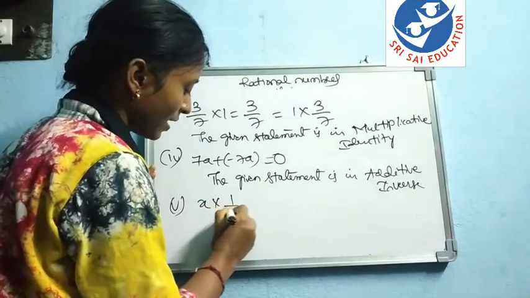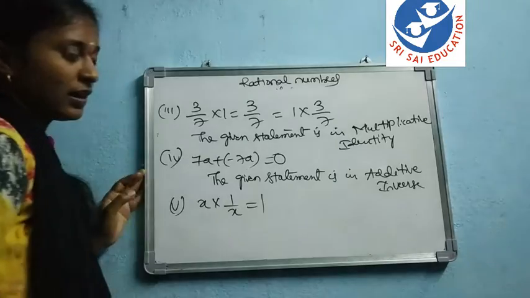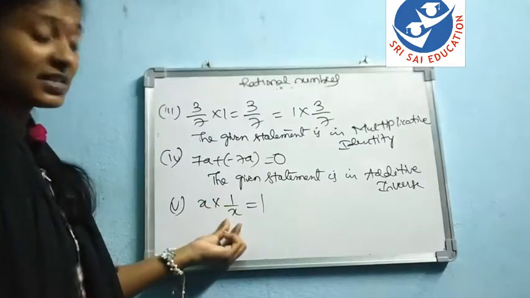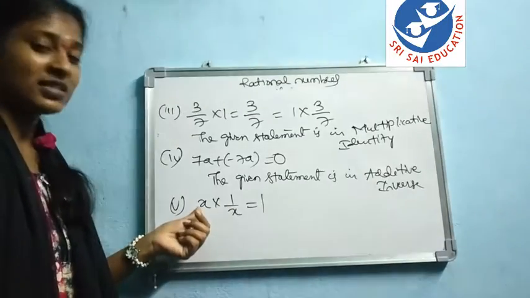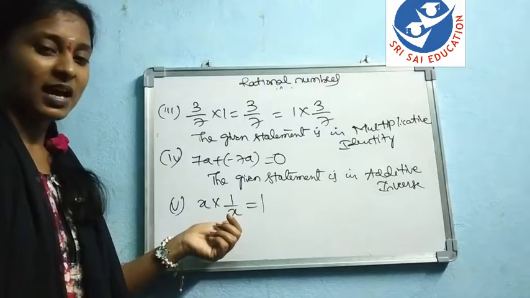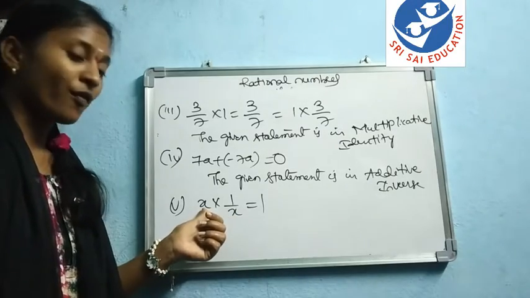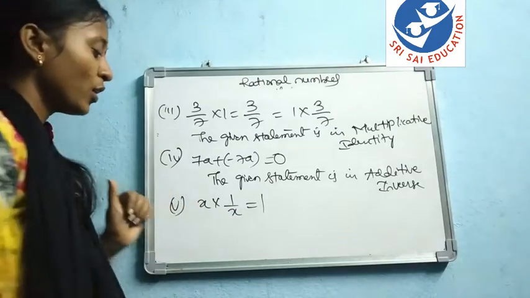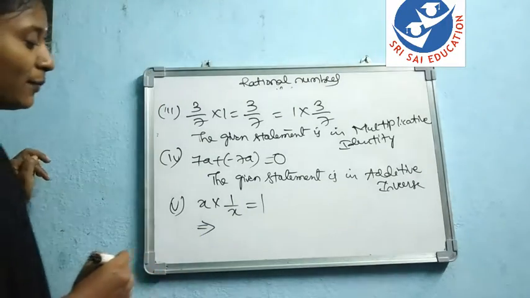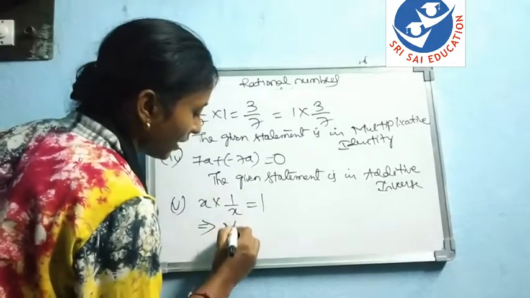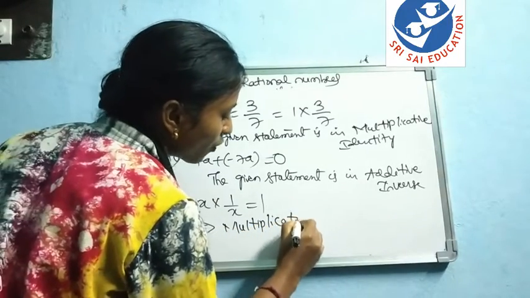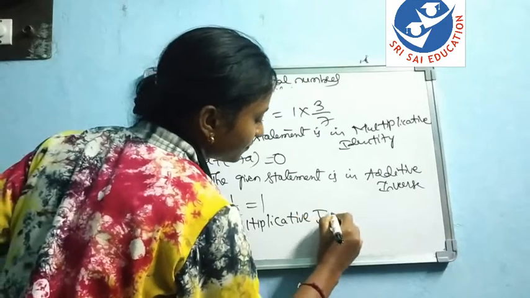x into 1 by x equals 1. In this, x is a rational number and 1 by x is the reciprocal of this number. So x into 1 by x is the reciprocal of x. This is multiplicative inverse, multiplicative inverse of each other.